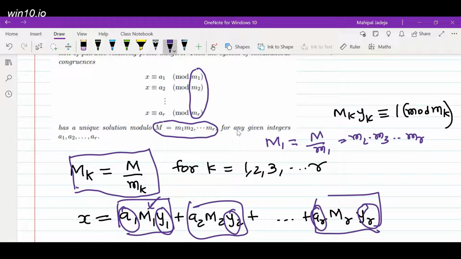So the purpose of each thing is clear. This a1, a2, a3 up to ar are required for the initial solution buildup. This multiplication M1, M2, M3 up to Mr, those multiplications are required so that the initial solution survives, because we are also adding something. So that something must be a multiple of m1 with respect to the first rectangle. That addition must be a multiple of m2, right, with respect to the second rectangle, small m2, and so on.